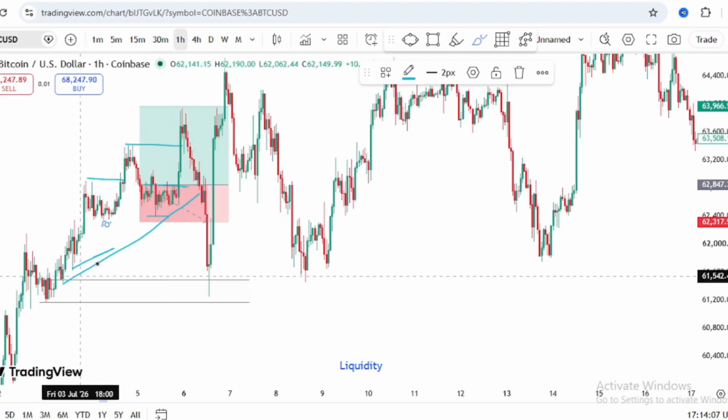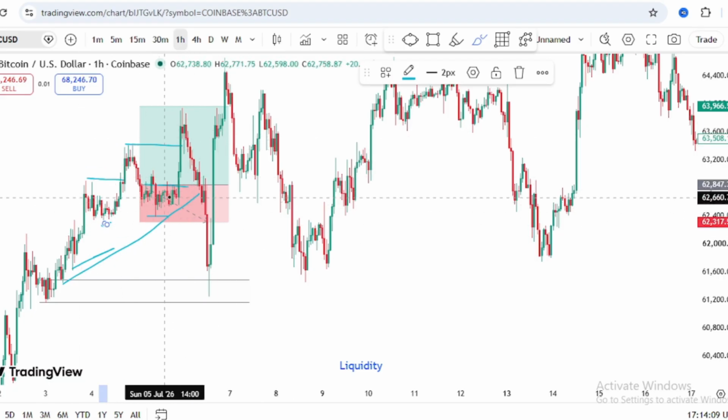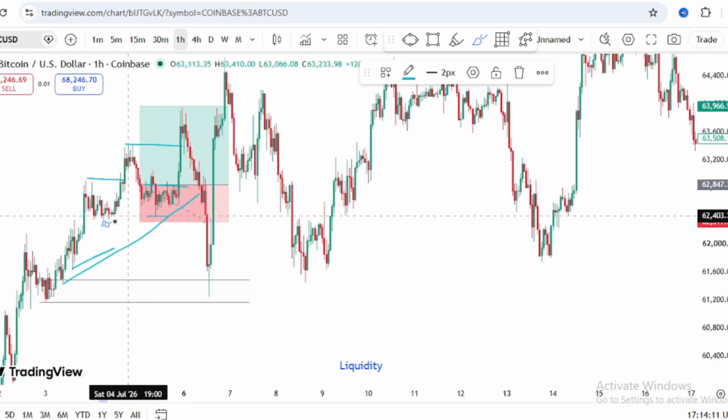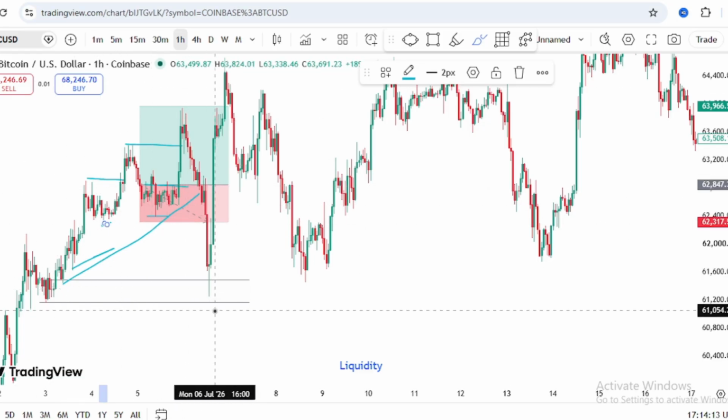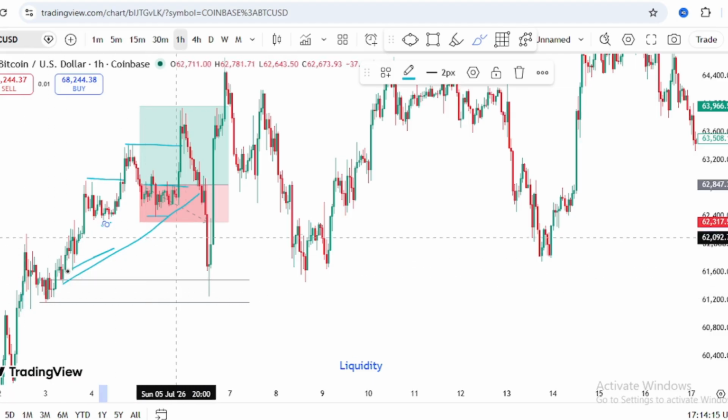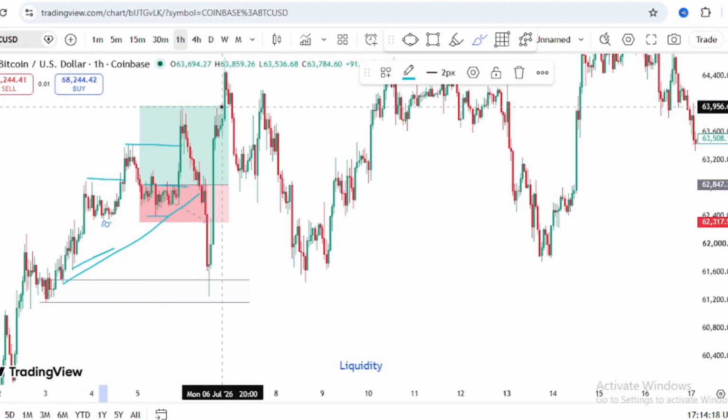And when institutions realize that orders are pending here and stop losses are here, they pulled the price down and took out all the stops, then reversed the market.